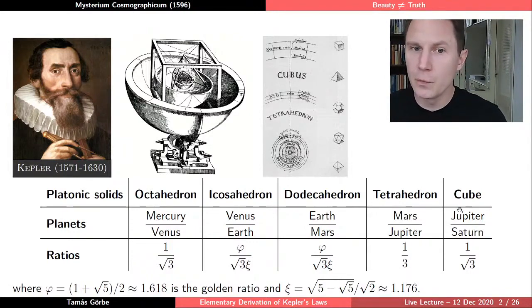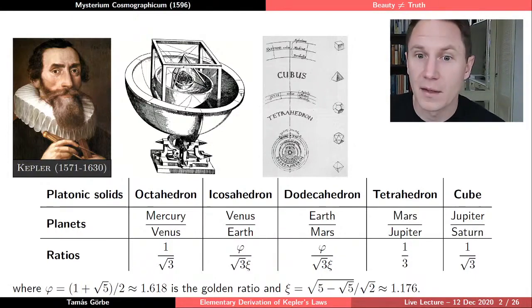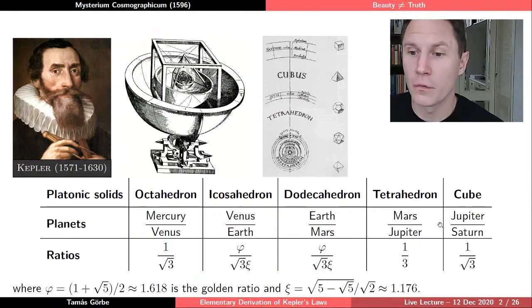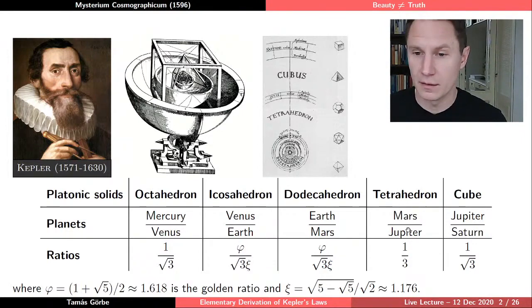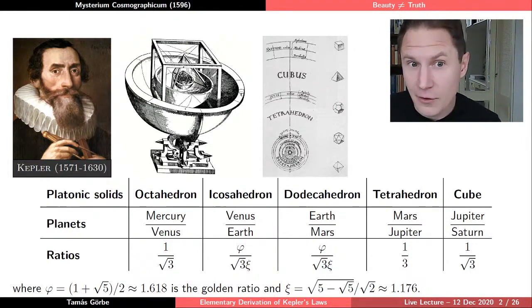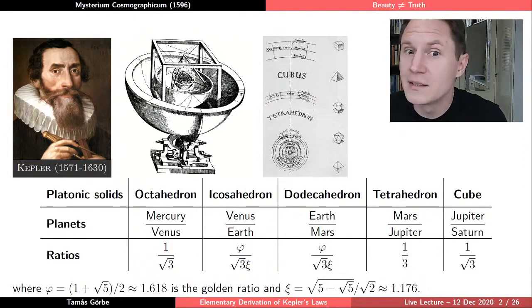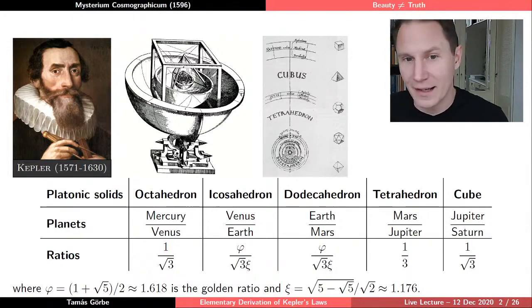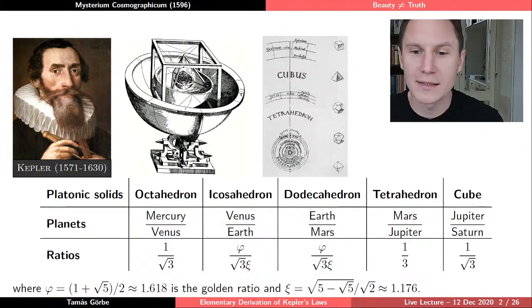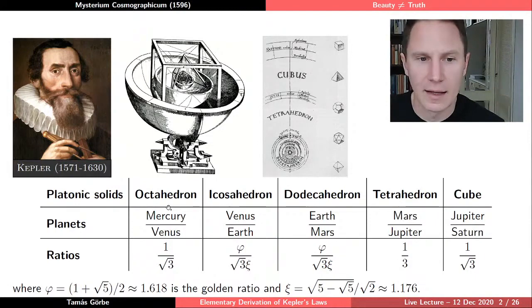And within that cube, you would draw another sphere that fits just right into that cube, and that would give you the orbit of Jupiter. And then you would take the orbit of Jupiter, you would draw a tetrahedron inside of it, just so it fits. So an inscribed tetrahedron. And within that, you would draw another sphere, and that would give you the orbit of Mars, and so on with dodecahedron, icosahedron, and the octahedron at last.